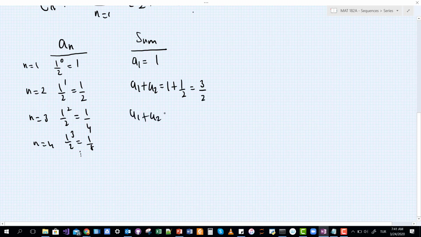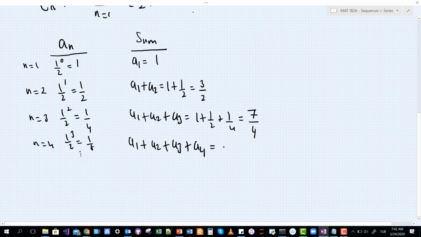A1 plus A2 plus A3 is equal to 1 plus 1 over 2 plus 1 over 4, which is going to be equal to 7 over 4. Let me add this last part. If I add the first four terms, it is going to be equal to 15 over 8.